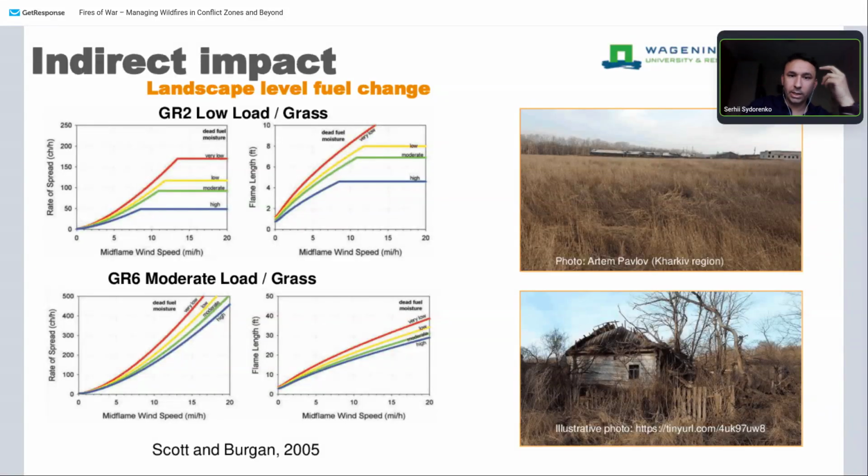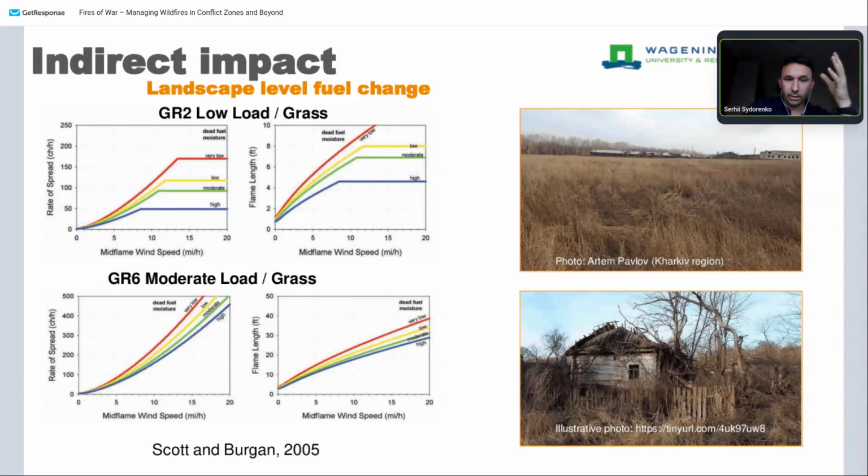But with this fuel complex change, when cropland changed to grasslands, first of all, we have a change of fuel load that becomes bigger, up to 5-6, or for some plots even more, like 7-8 tons per hectare.